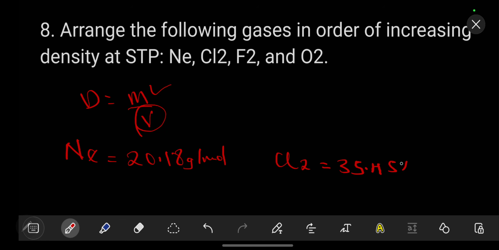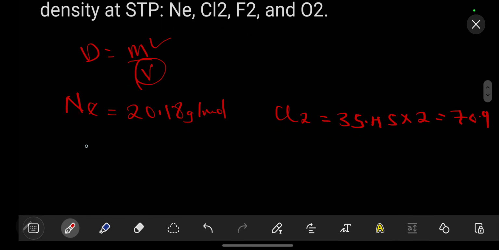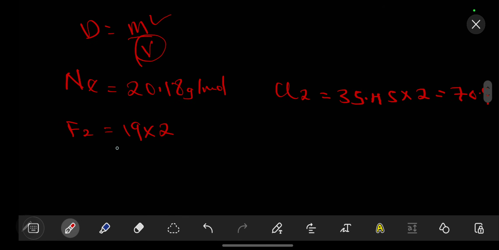Since it's diatomic, times 2 gives us 70.9. Let's look at fluorine. The molar mass of fluorine is 19, then we multiply by 2, so we find 38 grams per mole.